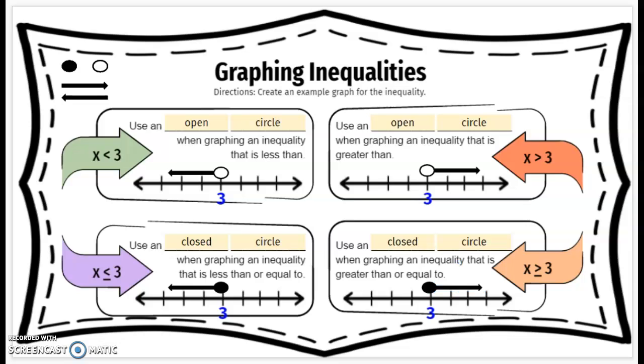All right, so what I want you to notice out of this: no line underneath your inequality symbol means open circle. A line underneath your inequality symbol means closed circle. That's what we're getting from these. If your variable or your letter is on the left side of the inequality symbol, your arrow on your number line is going to be facing the same way as the tip of the inequality symbol.